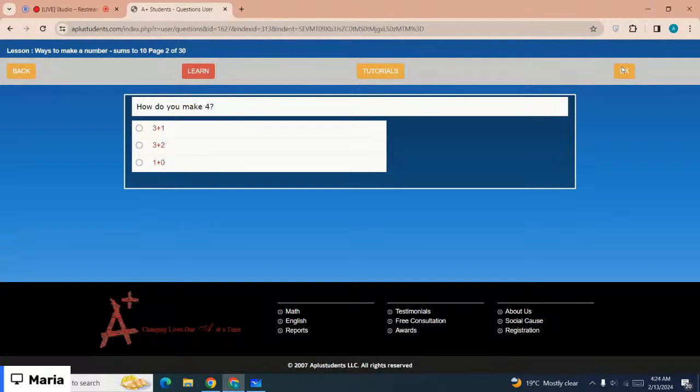You are given three options. You have to select the one that makes 4. So which is the correct option? Yes, that's the first one. 3 plus 1 makes 4.